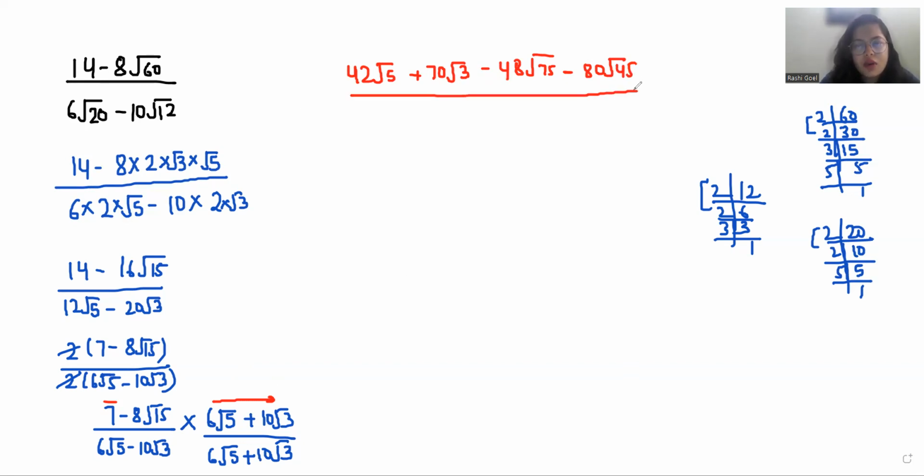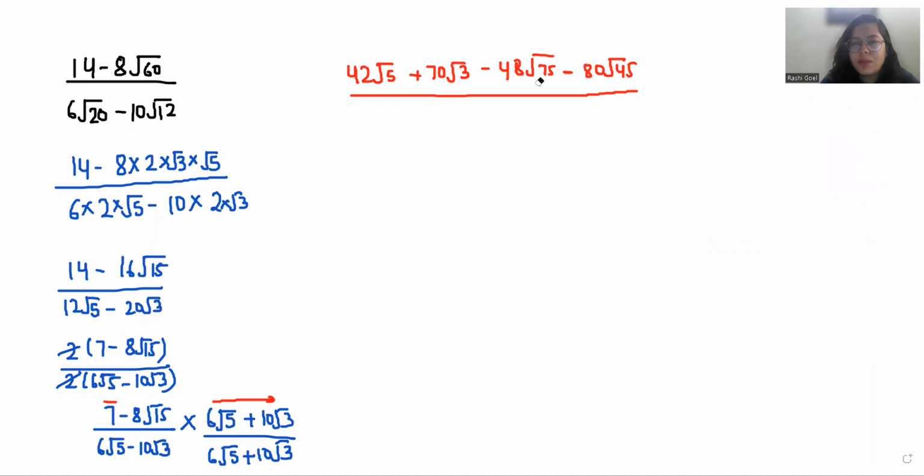In the denominator, we are going to use a very famous identity, that is a square minus b square, which is equals to a plus b, a minus b. So our a square is 6 root 5 whole square minus 10 root 3 whole square.